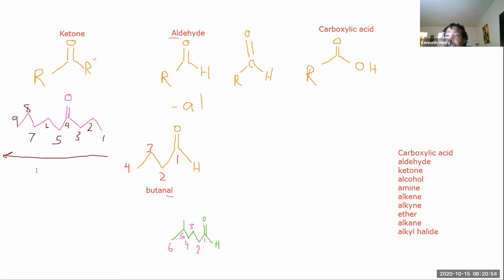So then we give it the name of the longest carbon. So that prefix is what? Non. Are there any double bonds other than the one attached to the O? No, in the carbon chain there are no double bonds except for the one attached to the O. Okay, so then we put ane, and then we put one.